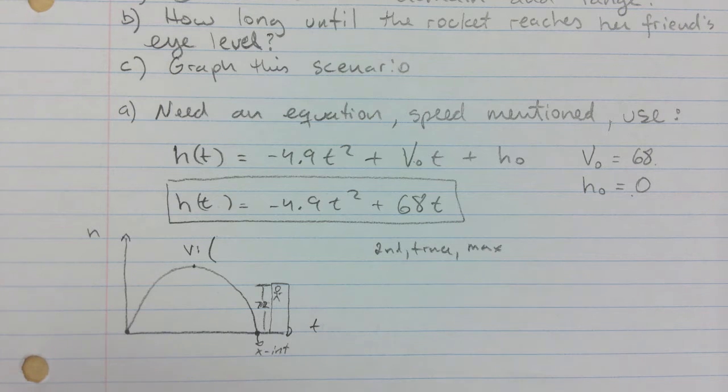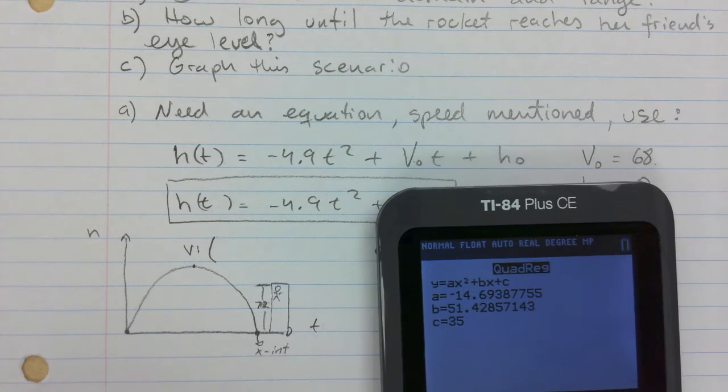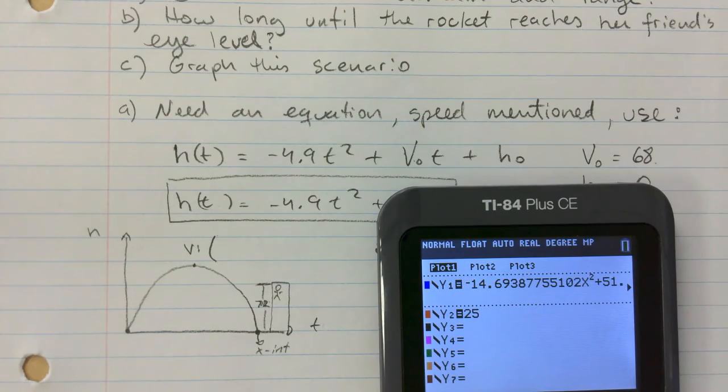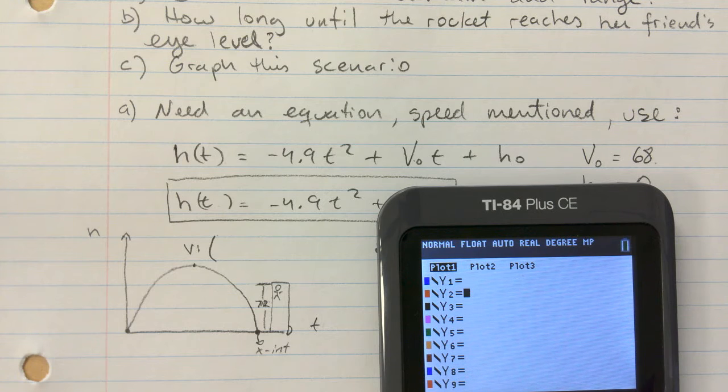Just a little note: if I go to y equals, there's a bunch of stuff in there. I'm just going to turn off the front light. Now I'm not doing a regression, I'm actually just entering the equation manually. So I clear everything that's there.